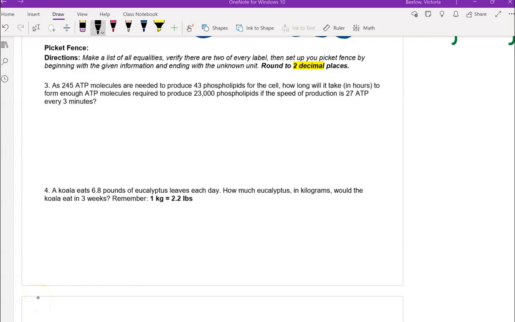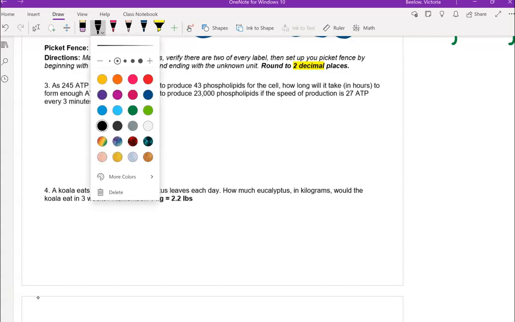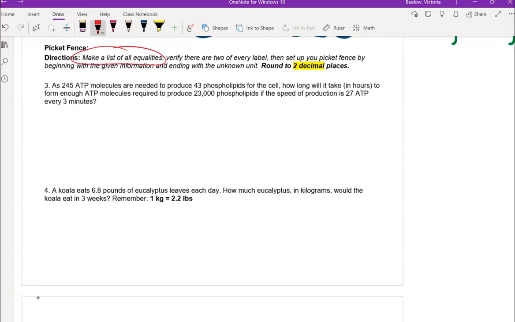In this video, I'm going to be going over how to do the two picket fence problems in the cells review practice. So remember, when you're doing a picket fence, you want to start by making a list of all the equalities. So what equals what?